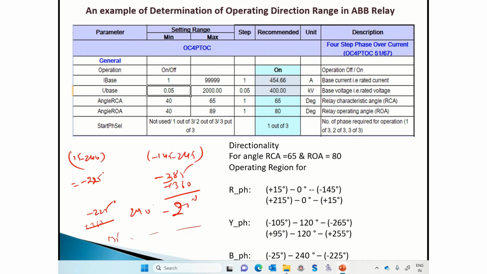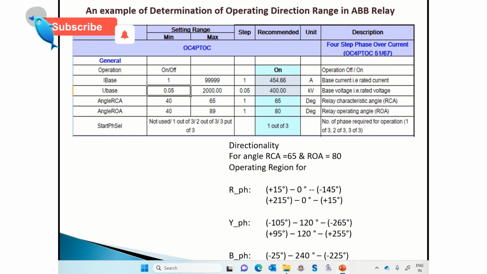So this is the method to determine the operating range for R phase, Y phase, and B phase faults.